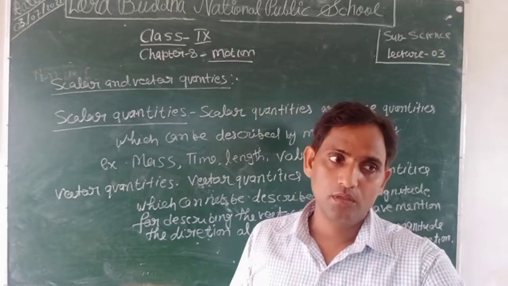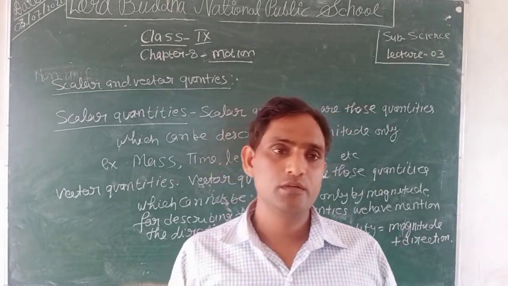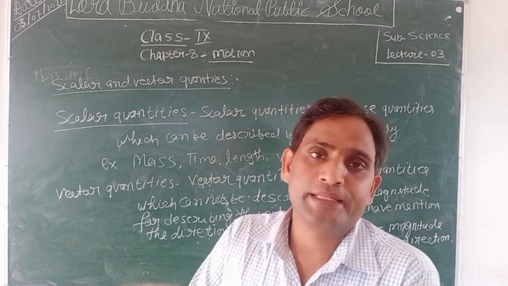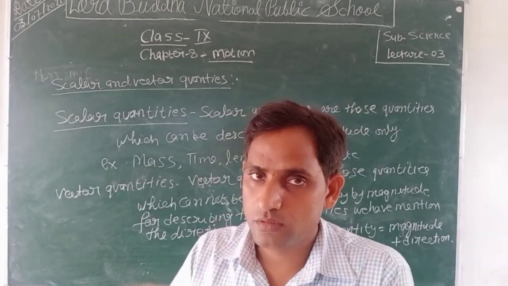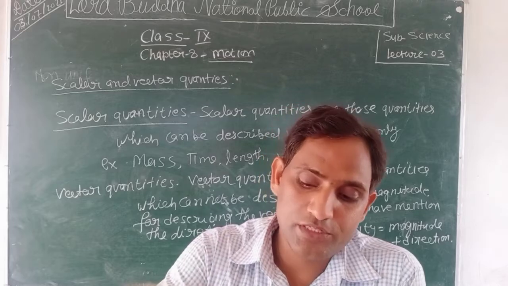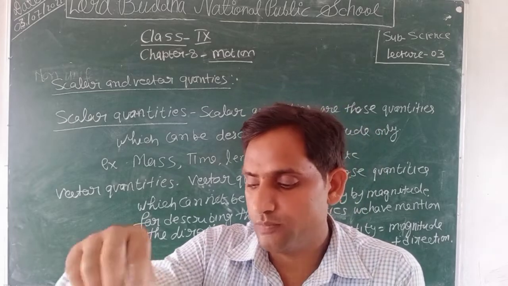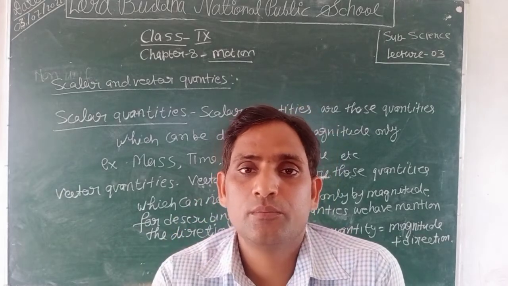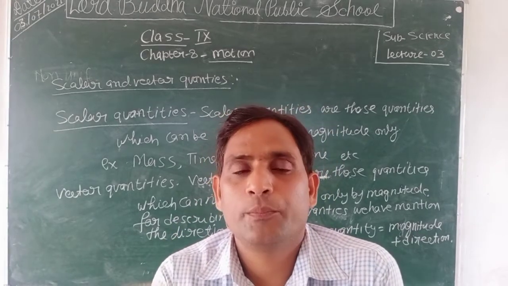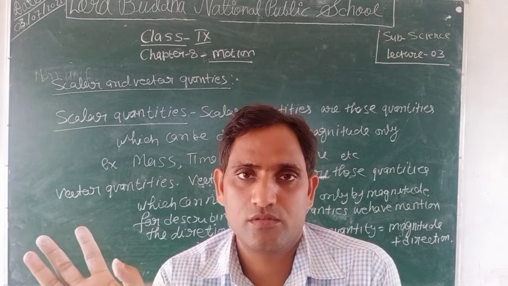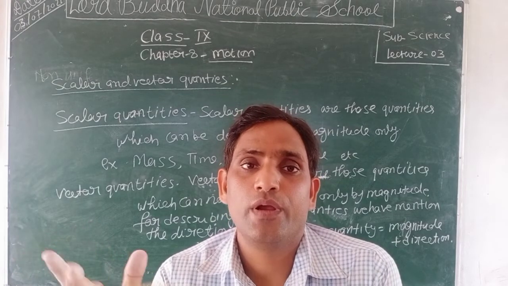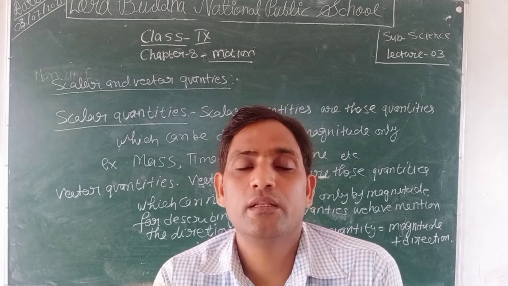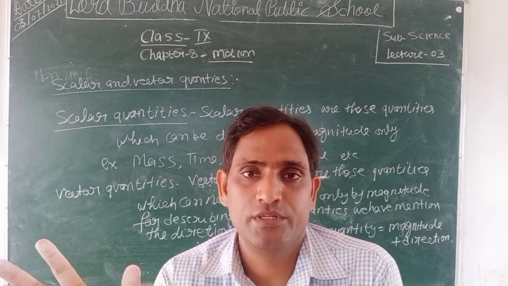Means a vector quantity is that quantity to describe which we have to mention magnitude and direction both, but scalar quantity is that quantity which can be explained only by describing the magnitudes, the complete information it gives. But for vector quantity, if we do not describe the directions, then the information is incomplete.